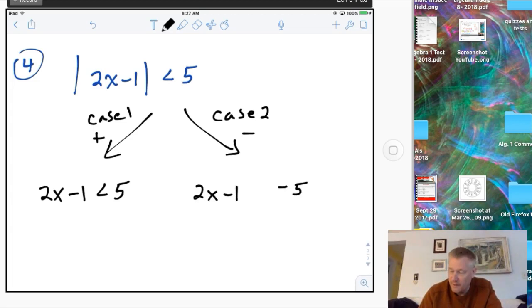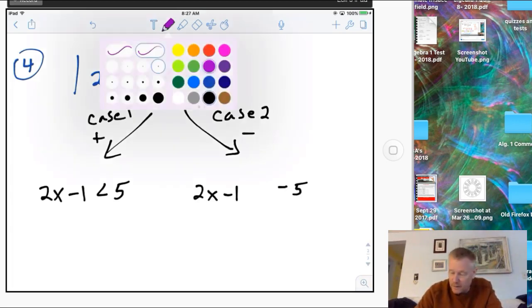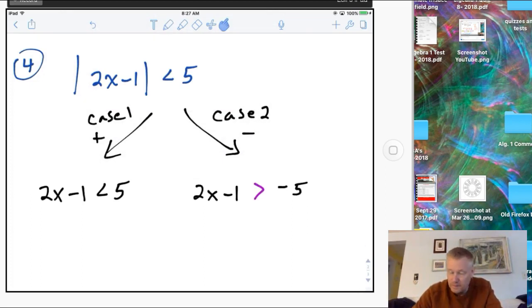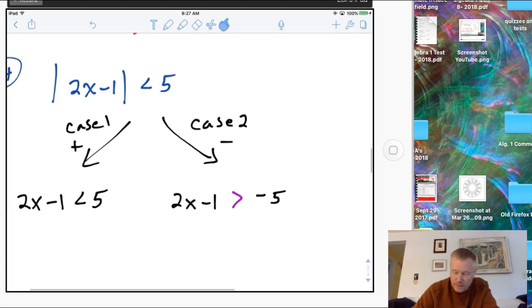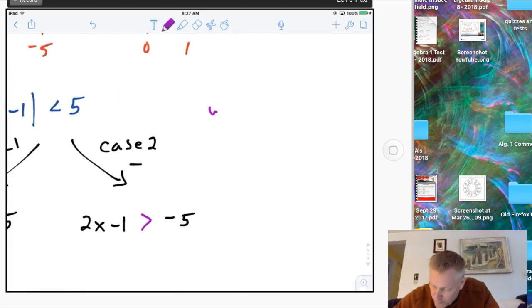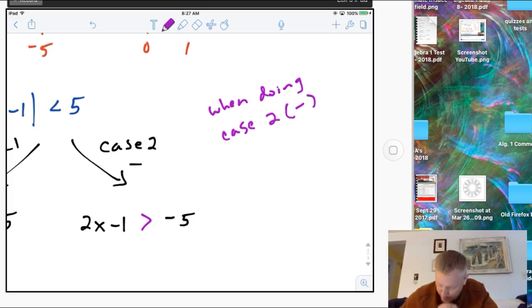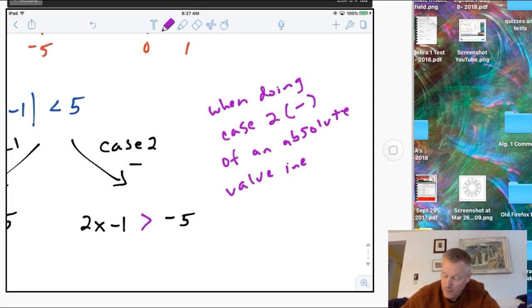I'm putting the negative 5 over here. However, this time when I do the negative case, you got to flip the sign the other direction. This is kind of tricky. Let me write the directions here. When doing case 2, the negative of an absolute value inequality, it's only when you have the absolute value and the inequality, flip the sign.